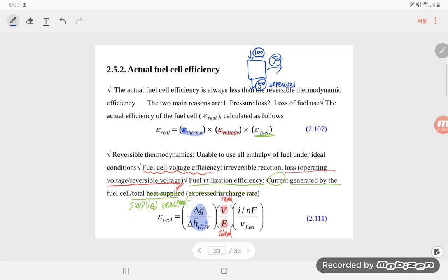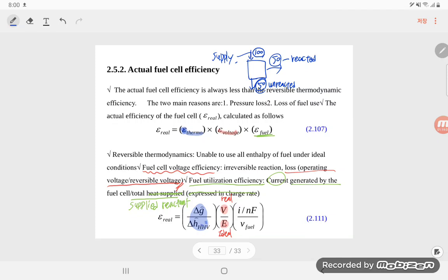Unreacted, and this is the reactant, this is the supply. Then, like the second law of thermodynamics, all 100% of the chemical species cannot be exactly consumed through the reaction. So we consider the unreacted flow gas.